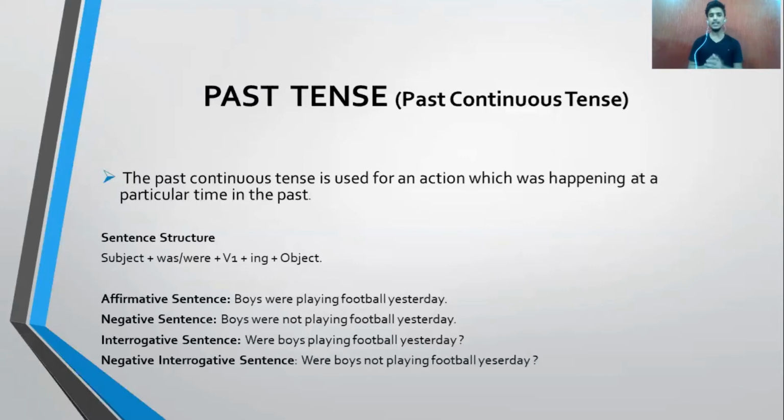In an interrogative sentence, first we will put the helping verb, then the subject, then the fourth form of the verb, and then the object. Were boys playing football yesterday? And in a negative interrogative sentence, first we put the helping verb, then the subject, then not because it's also a negative sentence, and then the fourth form of the main verb, and then the object. Were boys not playing football yesterday?